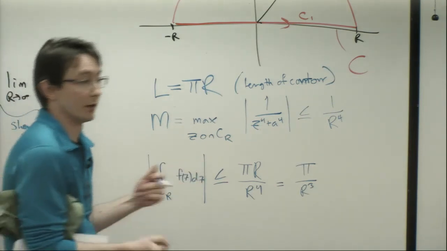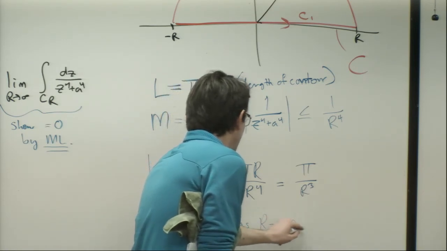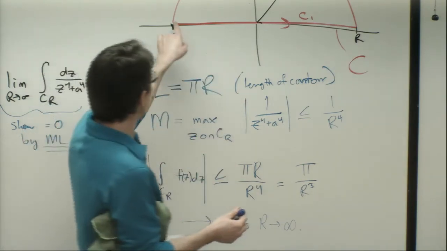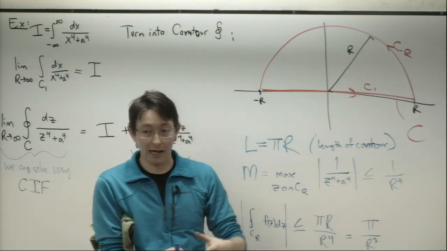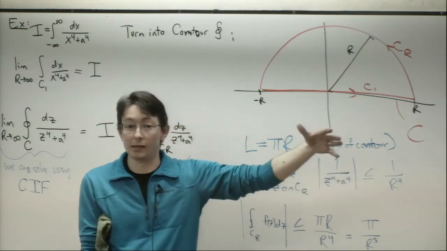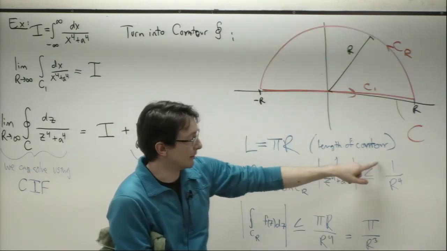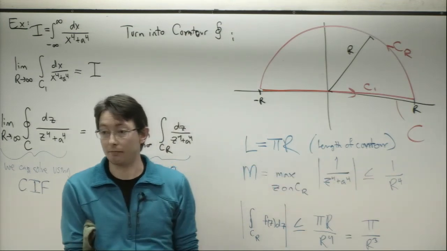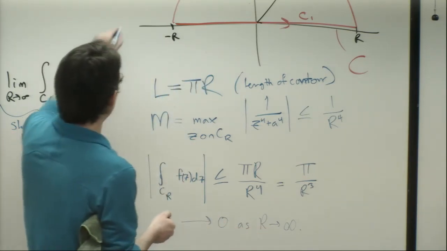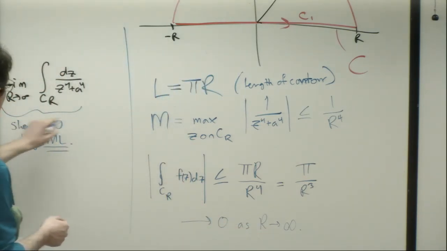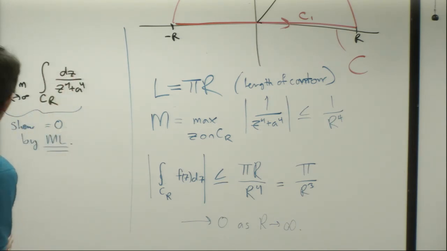So this term goes to 0. It's just a simple way of saying that the function value on this curve is so small that as I make that curve infinite in size, even though the length of that curve is also infinite, my function gets infinitesimally smaller faster. And so it integrates up to 0 as r goes to infinity. This is why we use the ML bound, because we've just made this part here equal to 0. Okay? This is step 1.